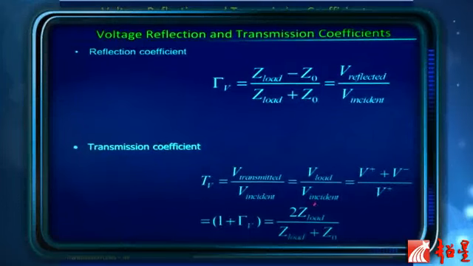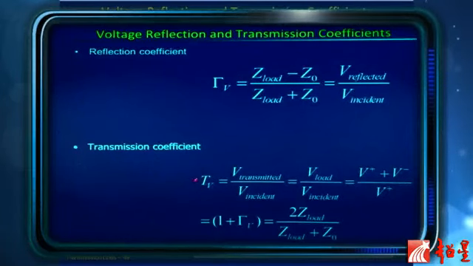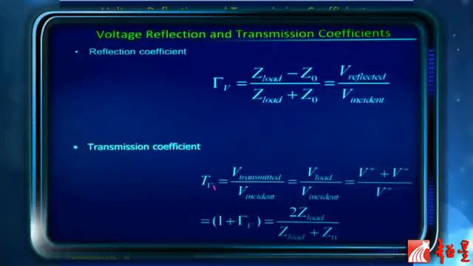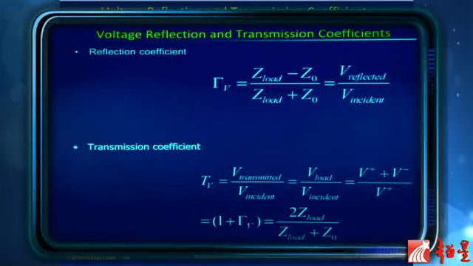Basically, the transmission coefficient is 1 plus the reflection coefficient.